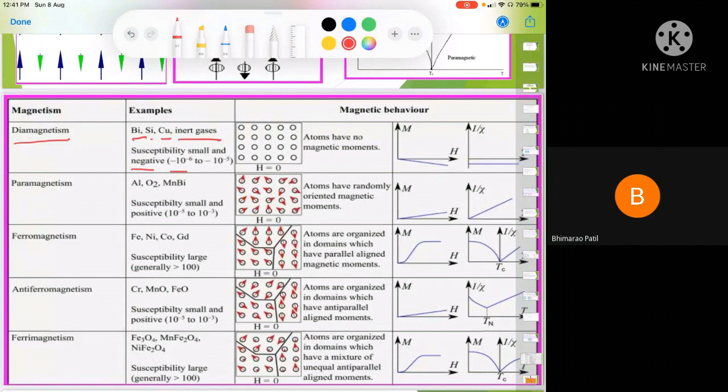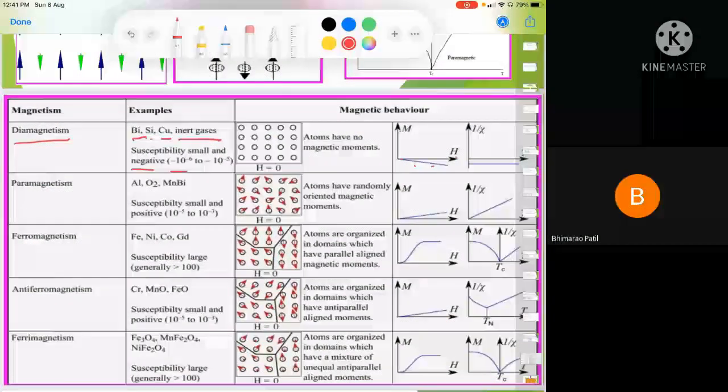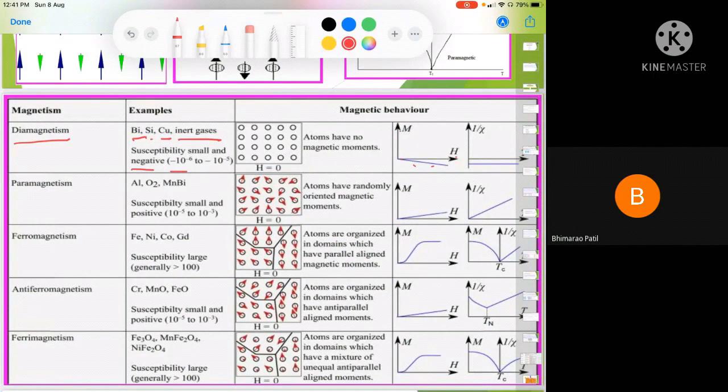You see here a graph of magnetism versus applied magnetic field. This blue line shows a negative value of magnetism, which indicates that if you keep a diamagnetic material in an applied magnetic field, it repels the applied magnetic field.